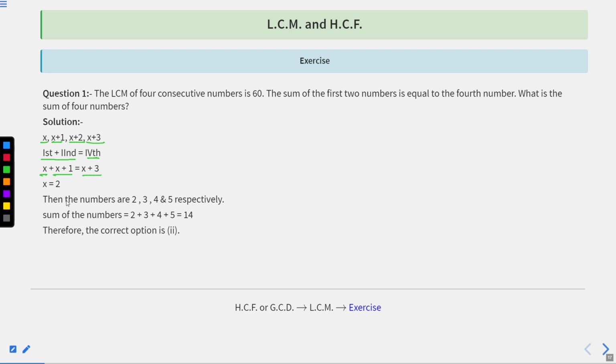If you simplify this, you will get x equal to 2. Then the numbers are 2, 3, 4 and 5 respectively. So the sum of the numbers is 2 plus 3 plus 4 plus 5 equal to 14. So the correct option here is option number 2.